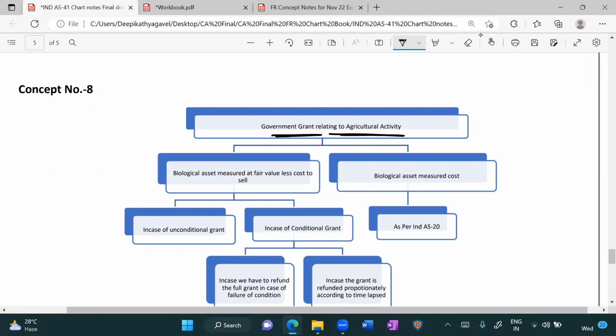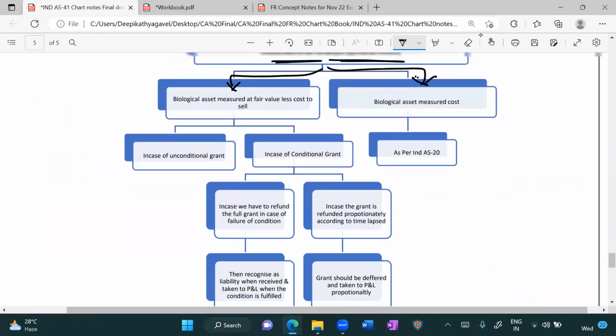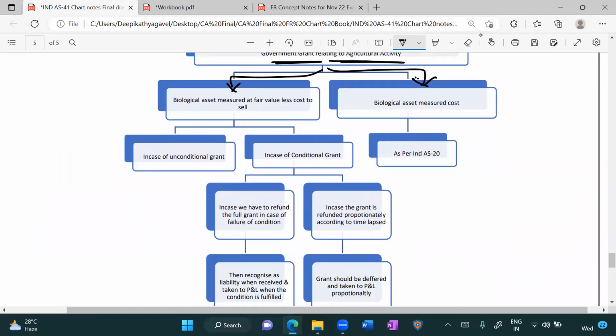So the first thing you need to look at is whether the biological asset is measured at fair value less cost to sell, or whether it is measured at cost. If it is measured at fair value less cost to sell, the second thing that you have to check is whether it's an unconditional grant or a conditional grant.